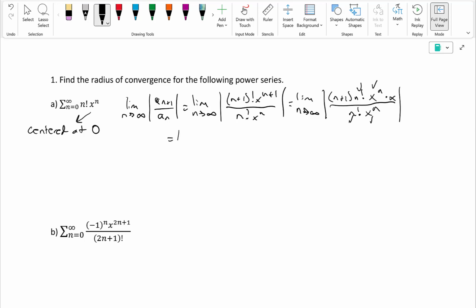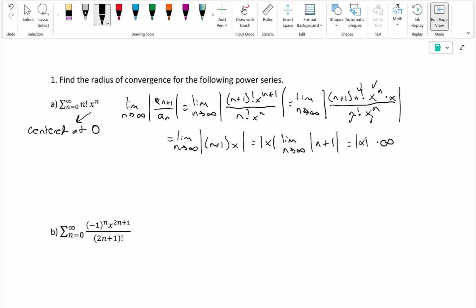And we'll be left with the limit as n approaches infinity of absolute value of n plus 1 times x. That absolute value of x we can pull outside the limit. It does not depend on n, so it's not going to change as n goes to infinity. And we're left inside the limit with the absolute value of n plus 1, which is going to go off to infinity as n approaches infinity.